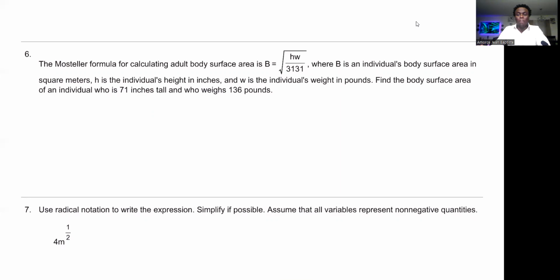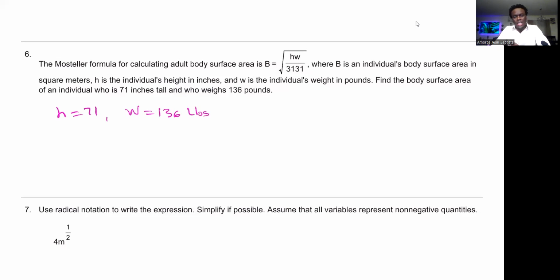Find the body surface area of an individual who is 71 inches tall, H equals 71, and who weighs 136 pounds. So that is W equals 136 pounds.